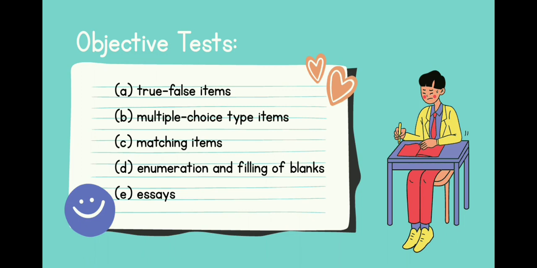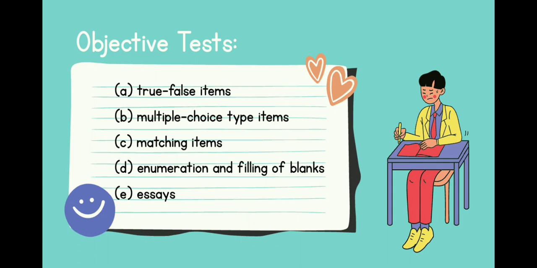The first four types of objective tests are used to test the first 4 to 5 levels of the hierarchy of educational objectives, which are knowledge, comprehension, application, analysis, and synthesis. While the last type, the essay, is used for testing higher order thinking skills or the evaluation. So tonight, all of these types of objective tests will be tackled by our group.